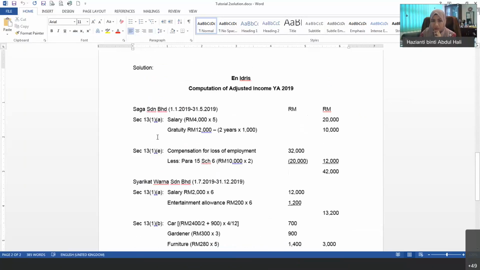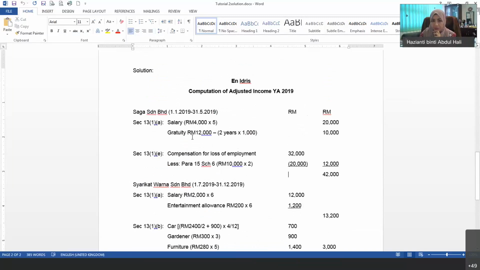Madam, for the gratuity, 2 years times 1,000? Yes, gratuity exemption is 1,000. Compensation for loss of employment exemption is 10,000. Check your notes, gratuity is 1,000. I already explained this earlier. Gratuity is under 31A.